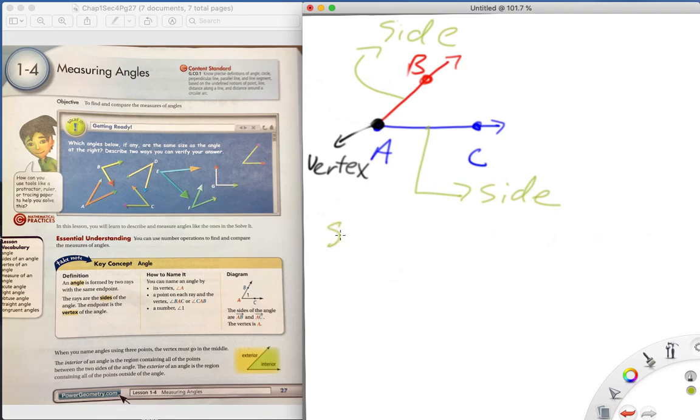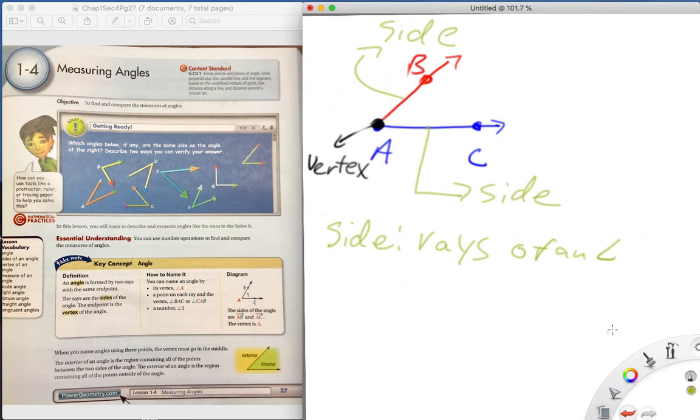So a side of an angle would be the rays of an angle. Since there's two rays, there's two sides.